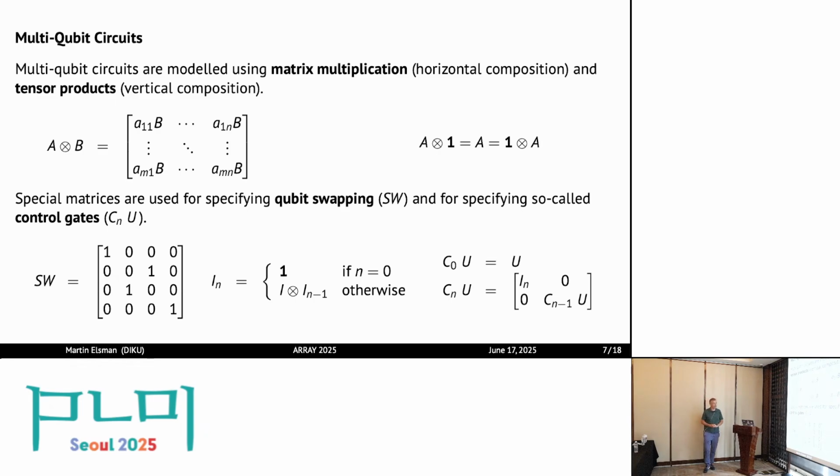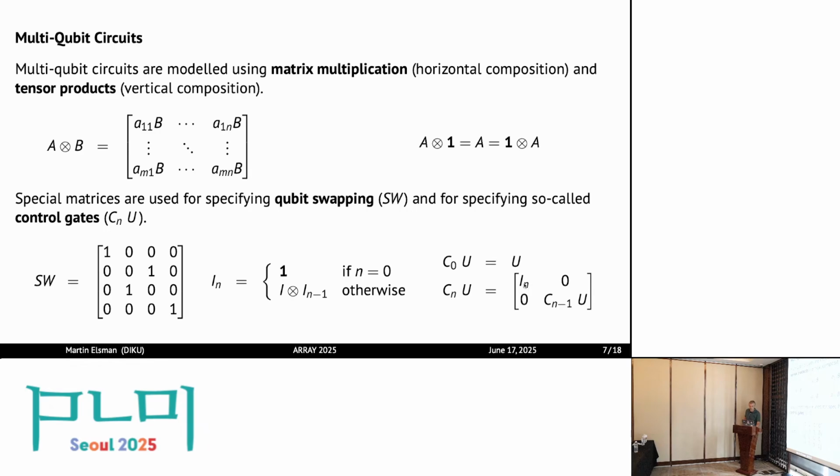So we have here a swap operation. You can see here that the swap operation will have to operate on 2 qubits. And then we have some generalized identities, and then also the controlled operator down here, where you take any unitary matrix, and then you can put various controls on top.